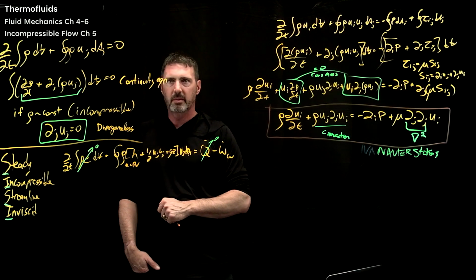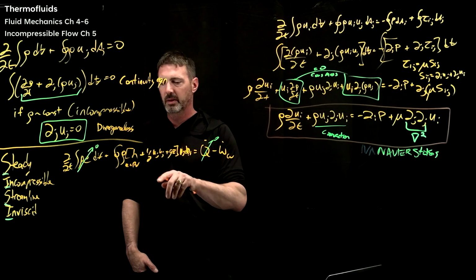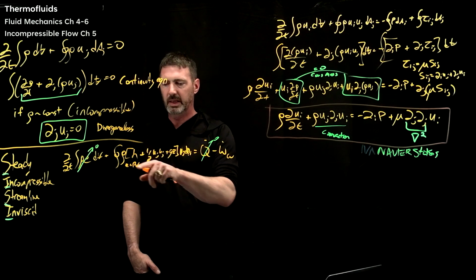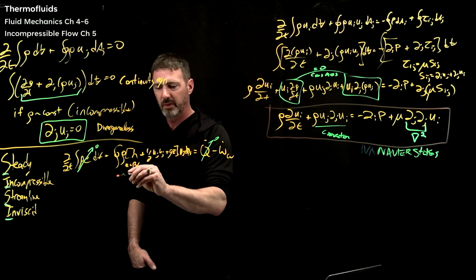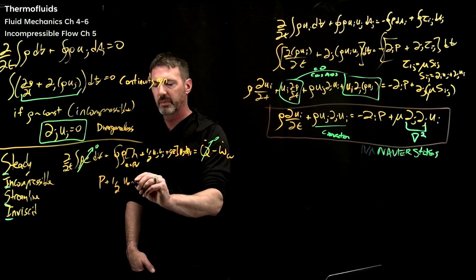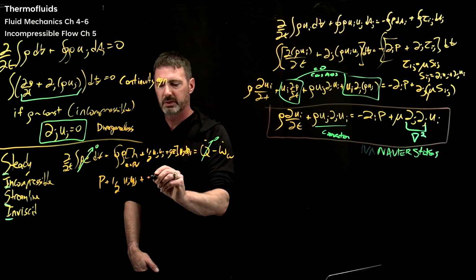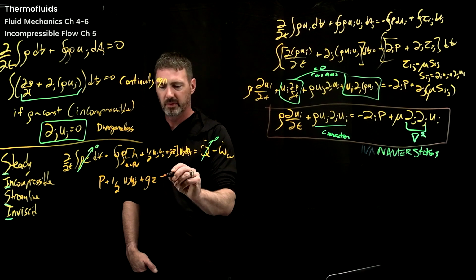And so if it's not changing with respect to temperature as well, then really E is not changing, and so that rho and the V cancel, and so I end up having P plus 1/2 Uj plus Gz, and this whole thing equal to 0. So it's equal to 0.